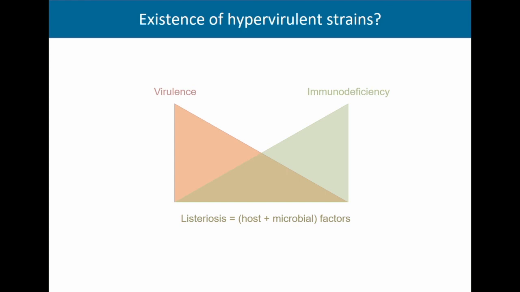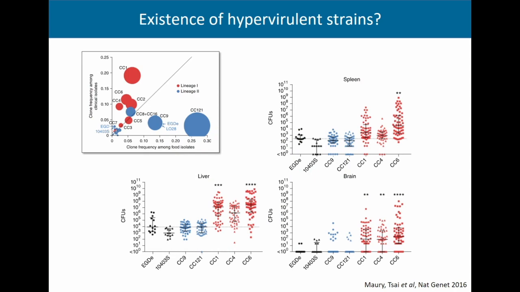So as you know, an infection is defined by the interaction of host and microbial factors. So you could think of immunodeficiency being a susceptibility factor and virulence on the bacterial side being, of course, a factor for invasiveness of the pathogen. So it could be that the lower the immunodeficiency is, the stronger the virulence, indicating that virulence is actually heterogeneous in the Listeria monocytogenes species.